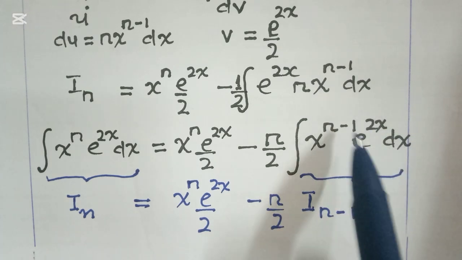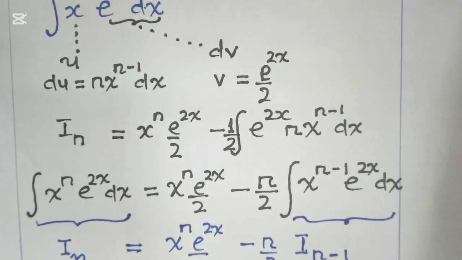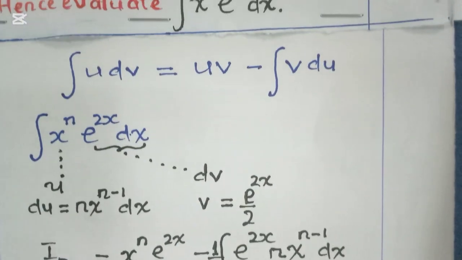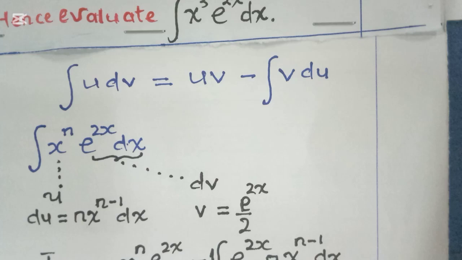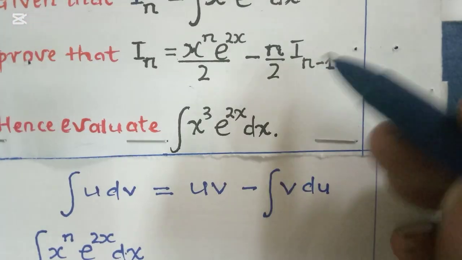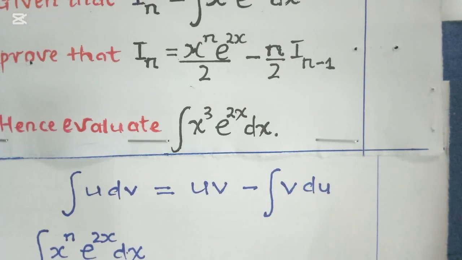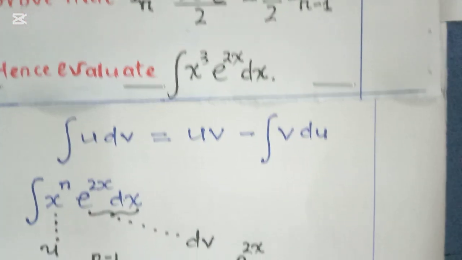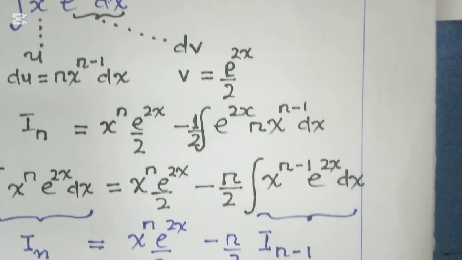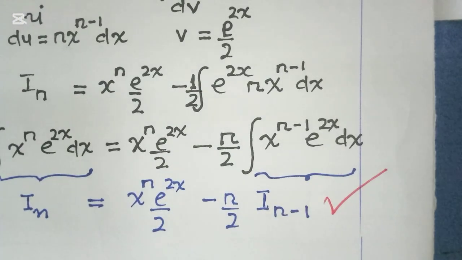And so guys, we are able now to prove our equation here. This is what we were supposed to prove guys. And I believe through this, we've been able to prove it. As you can see, it's similar.